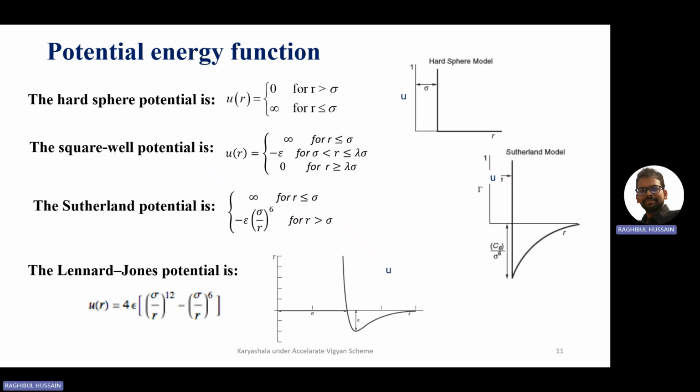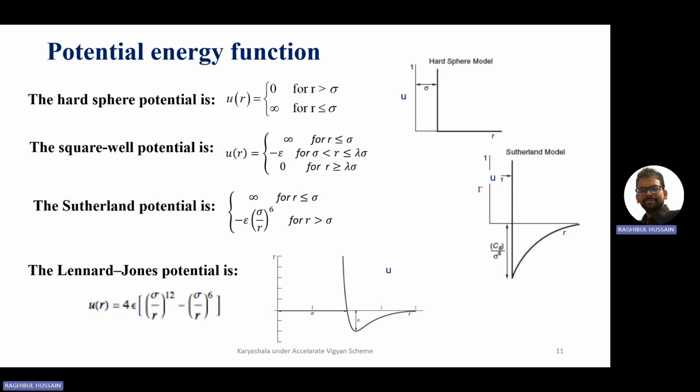Now this is the ideal case, but our situation is not the ideal case. We are dealing with a real case. So next is the square well potential. It adds one attractive term, which is defined with negative epsilon, basically the square well, like this way.